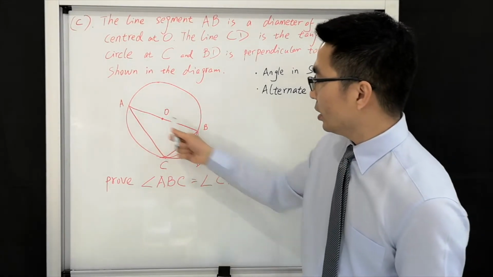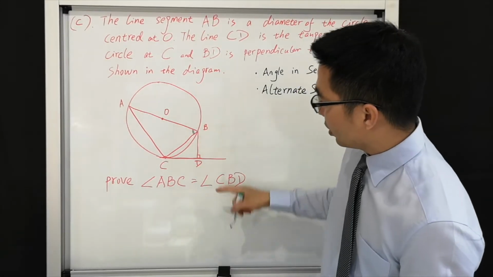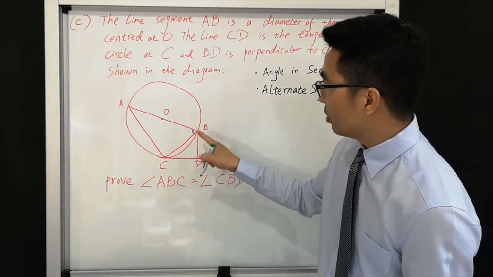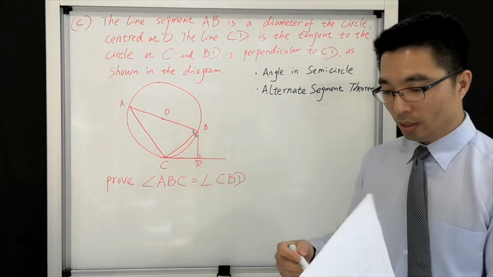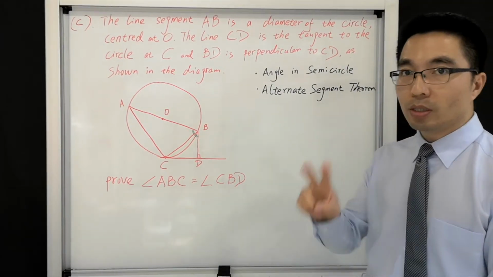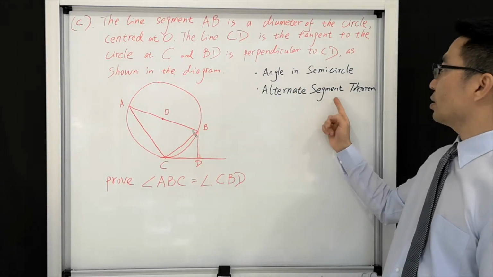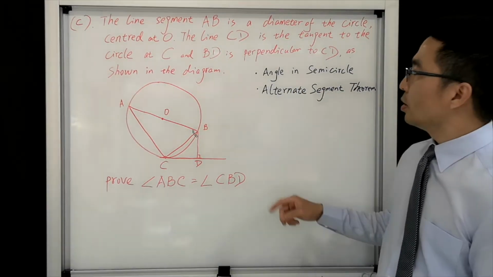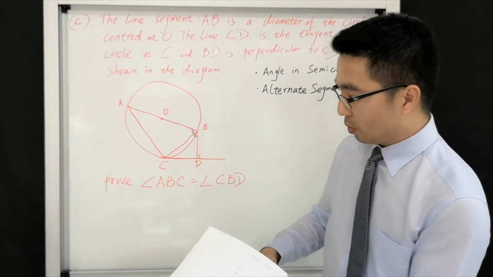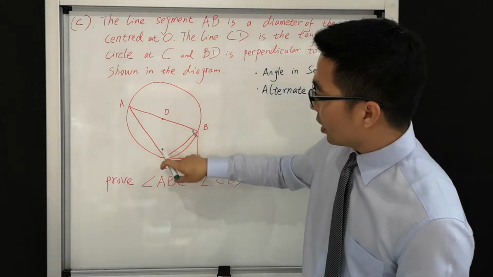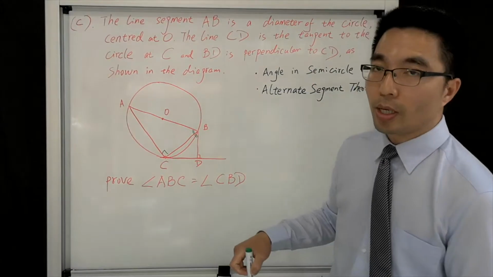So we need to prove this angle equals CBD. In this question, we need two theorems: the angle in a semicircle and the alternate segment theorem. For the angle in a semicircle, angle ACB is a right angle.